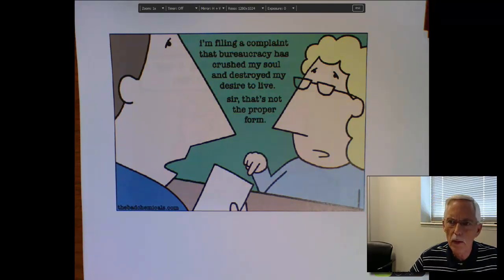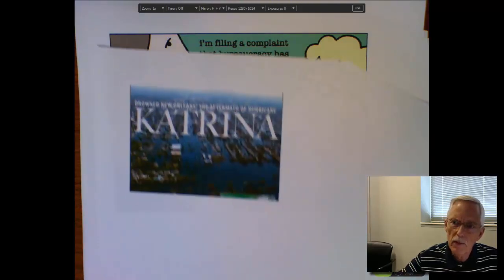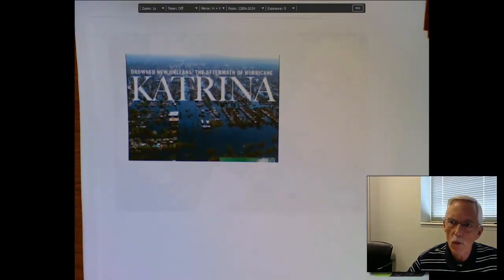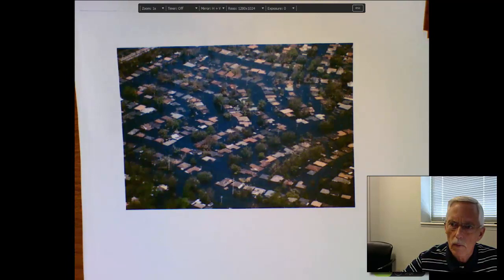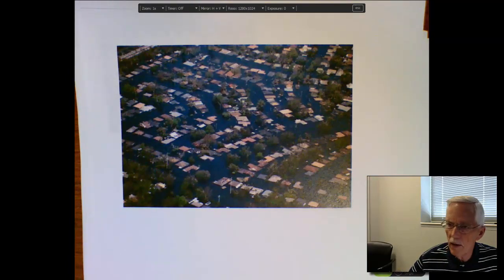Some of you might remember the terrible events surrounding Hurricane Katrina, when it devastated New Orleans. The response, particularly of FEMA, the Federal Emergency Management Agency, has been highlighted by many sociologists as a classic example of trained incapacity.